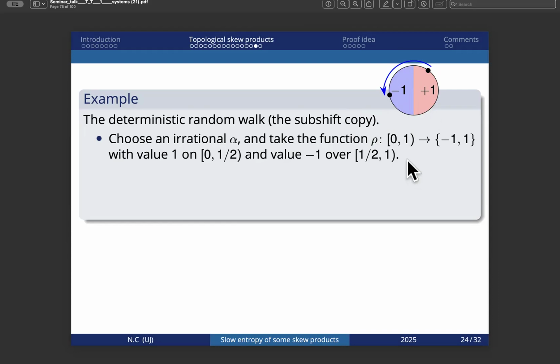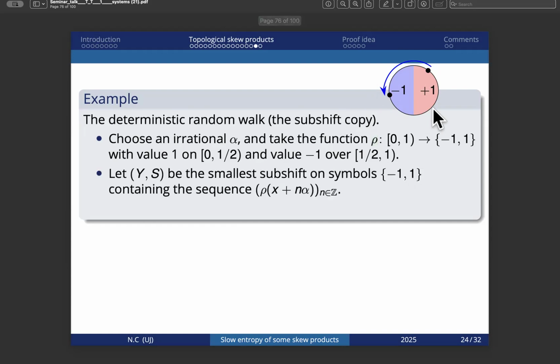In this case, we need to replace this system by a subshift copy because we want continuous skew products, and this function rho is not continuous, right? So one way is we take a point here, and then we take its orbit by the rotation, and that will give us a sequence of ones and minus ones.